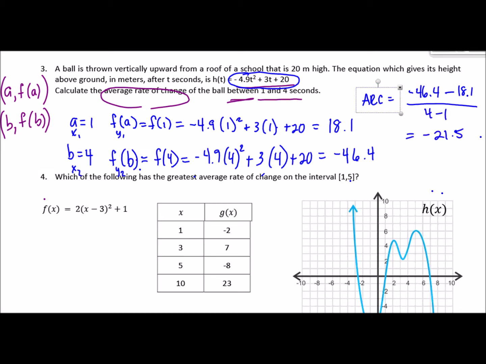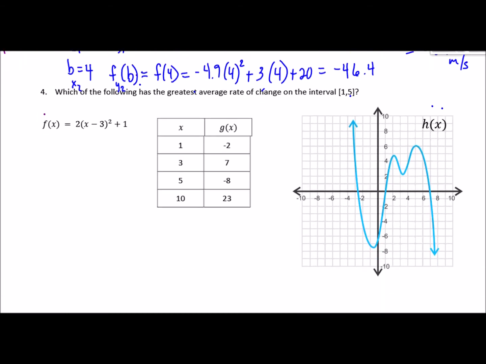Okay, so I did calculations. I got negative 21.5, and that's in meters per second. Now, average rate of change can be negative. It's negative because this ball is going downhill, right? It's thrown from clear up on top of a school, and so it's always going down. Well, it's going down at a rate of 21.5 on average meters per second.